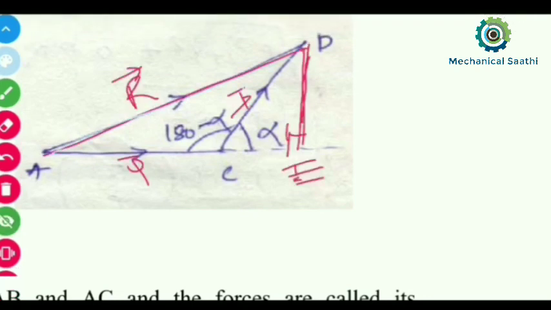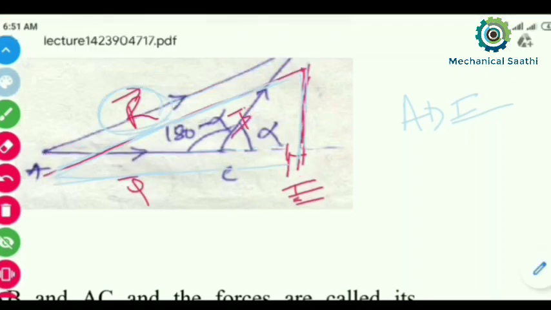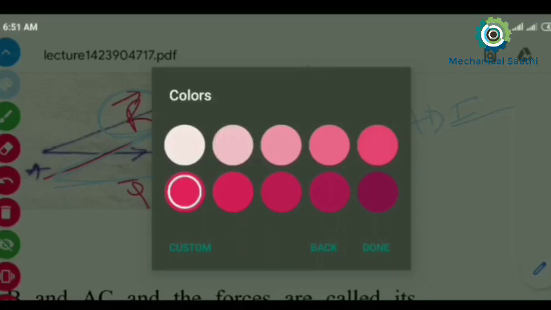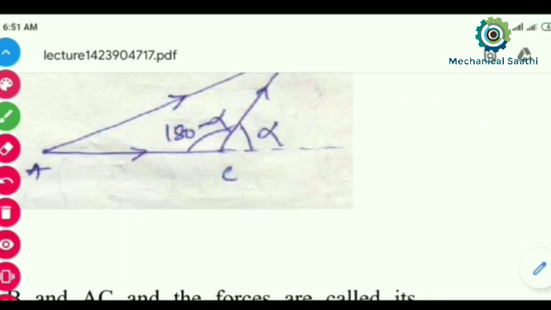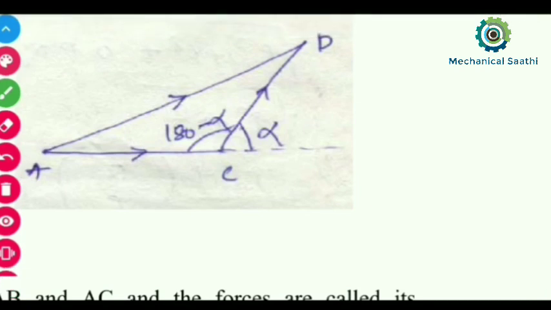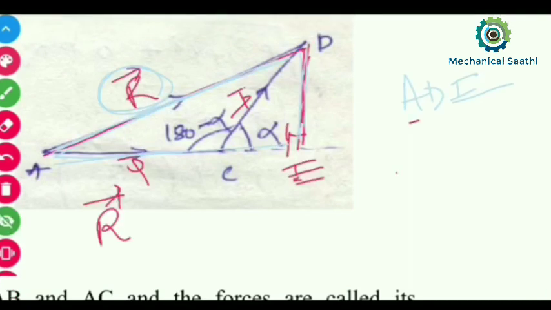Okay, so in this triangle which I am showing over here, that is triangle ADE, we need to consider this value. If we try to calculate the value of R using this triangle ADE, then we can calculate by using the Pythagoras theorem.